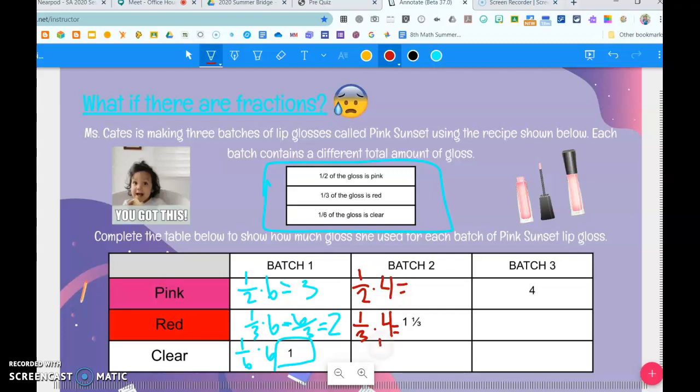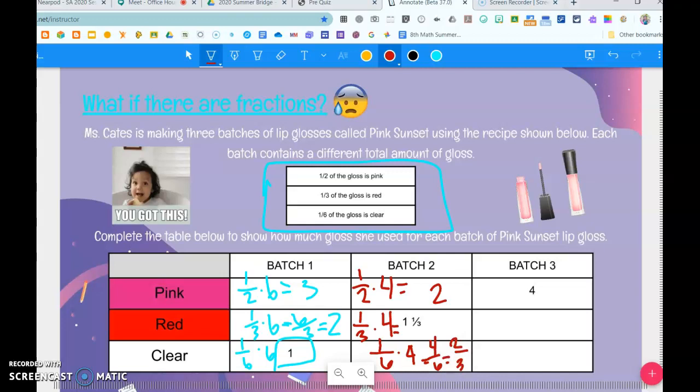So in this case, it's 4. Okay, so that gives us 1/2 times 4, which equals 2. 1/3 times 4, which equals 1 1/3. And 1/6 times 4, which equals 4/6, which then you can reduce to 2/3 of a bottle.